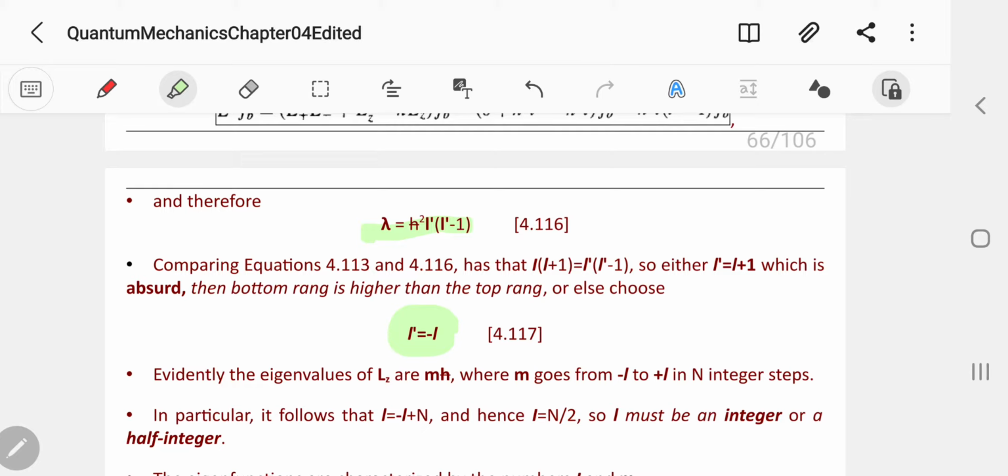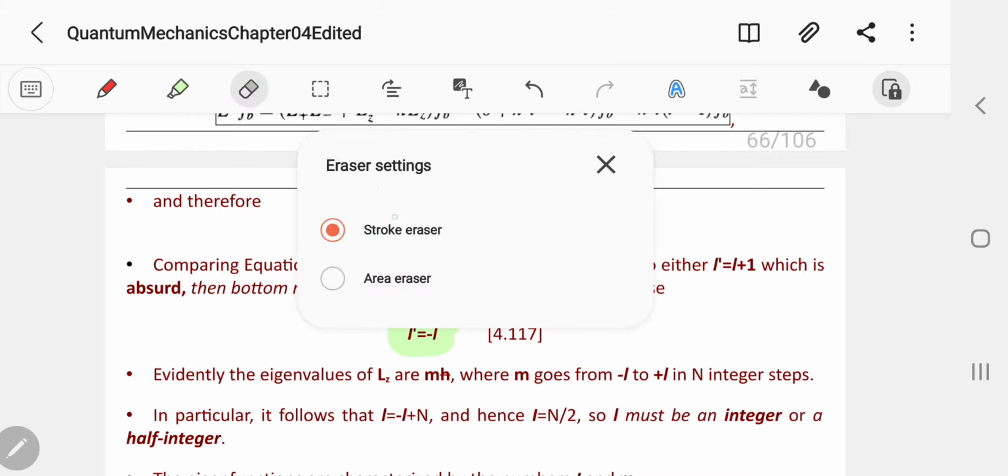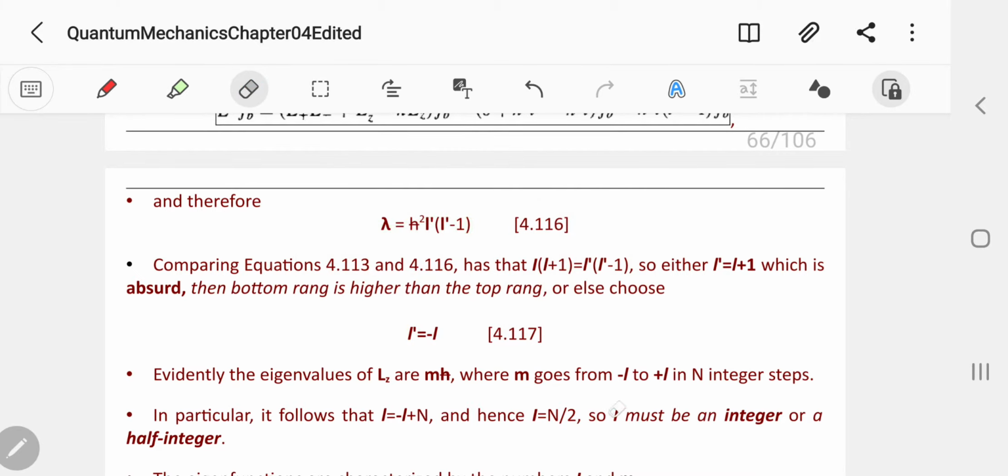And evidently, the eigenvalues for Lz are mħ, where m goes from negative L to L in n integer steps. So it follows that L is equal to negative L plus n.